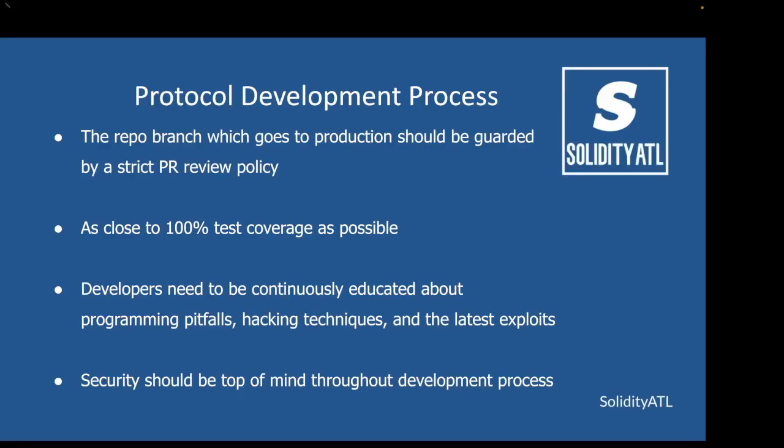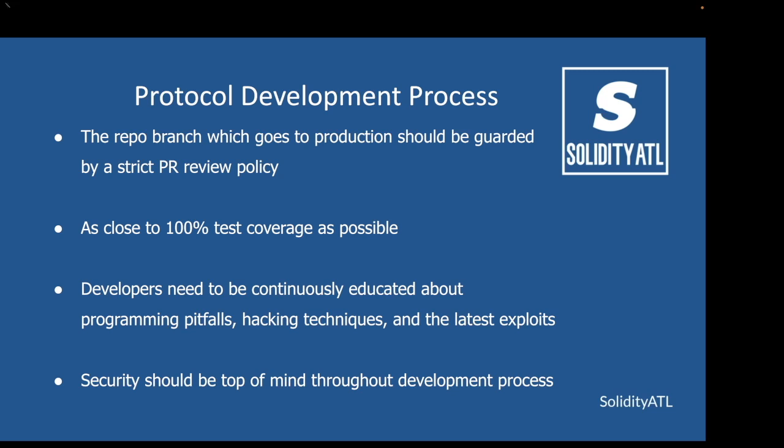As developers are writing code, protocols usually use GitHub or some other type of version control software to manage those teams, to make sure that code is being added efficiently and there's a centralized source for that. In terms of this development process, it's important to have a good process both for developer efficiency but also security.